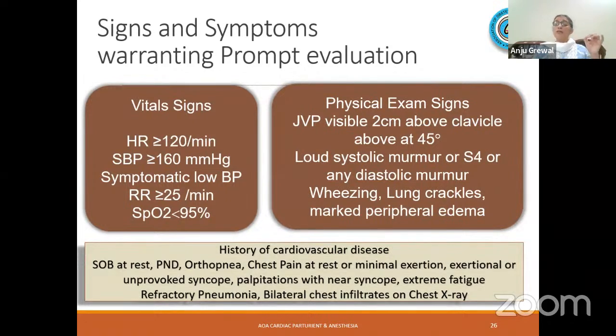Remember that there would be flow murmurs, systolic murmurs in a normal pregnancy, but if you have a diastolic murmur or a loud systolic murmur or an S4 being heard, this is a mother that might be harboring an underlying cardiovascular disease. And of course, wheezing, lung crackles, marked peripheral edema are ominous signs for pulmonary edema and heart failure coming in.